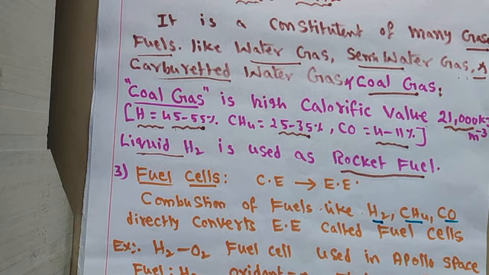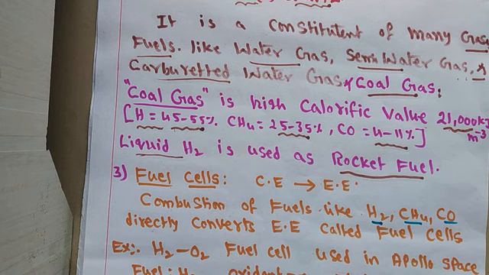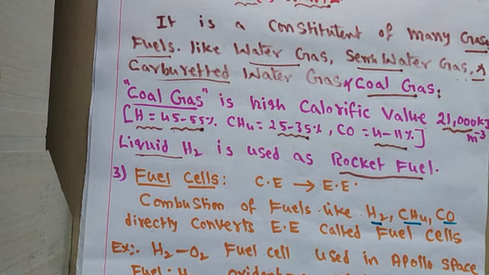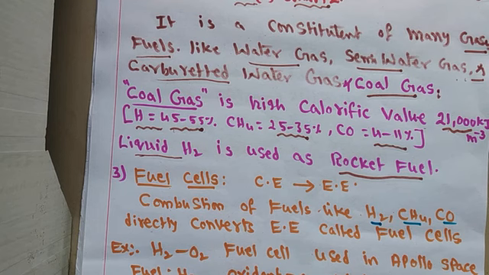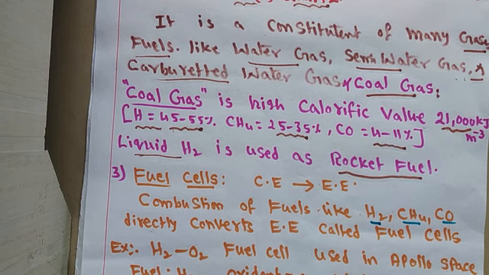So fuel cells are the best, children. They are free of pollution, the production of current is more efficient, and transportation is very easy, but the required raw material is less. That is why they are not preferable for the manufacturing of electricity, that is, producing electricity by using fuel cells.